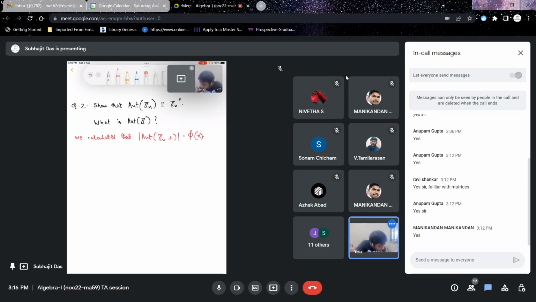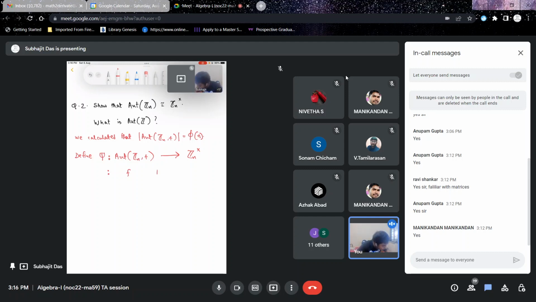Okay, so define, let me use a different notation for a map, Psi from Aut Zn into Zn star. Aut Zn is the group of all automorphisms of Zn. So an element of Aut Zn is a map f from Zn onto Zn.